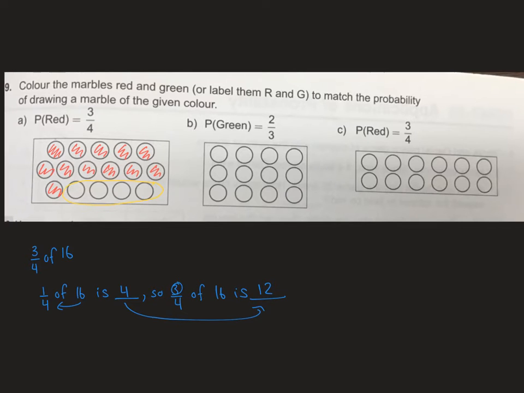We have one group, 1/4. So if we made groups of 4, we have 3 groups that are shaded and 1 that isn't. So that's 3/4. So you'll do the same thing for B and C. Count how many dots there are, find that fraction of the total number of dots, and color them in the correct color that they ask for.